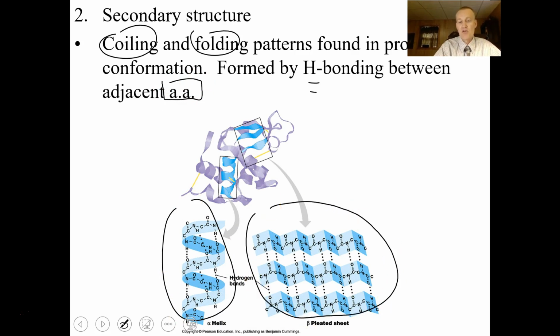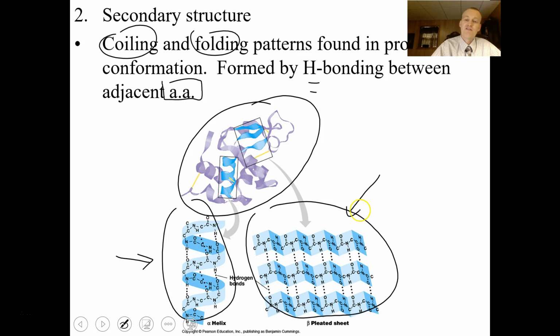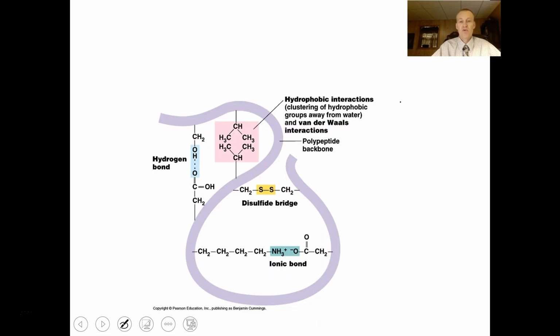This is called beta-pleated sheets, and this is called an alpha helix. Okay, so a protein can take on some unique shapes. It can have folded portions and it can have tubular portions based on secondary structure and because of that hydrogen bonding. Now, if I boil a protein, I break the hydrogen bonding, and will damage the protein, maybe even irreversibly.